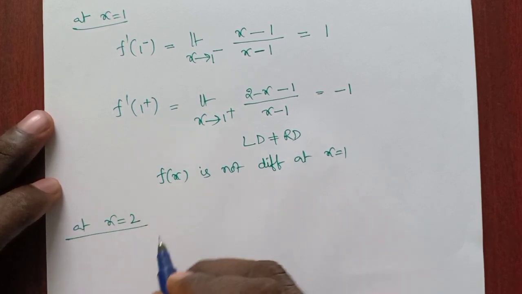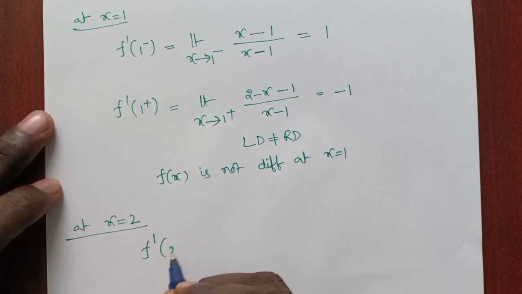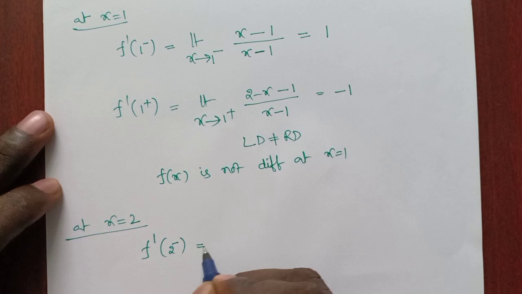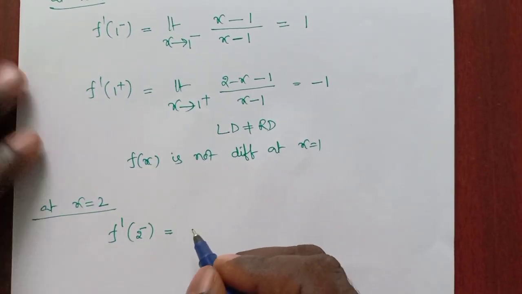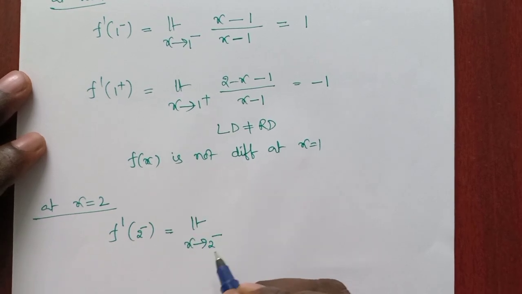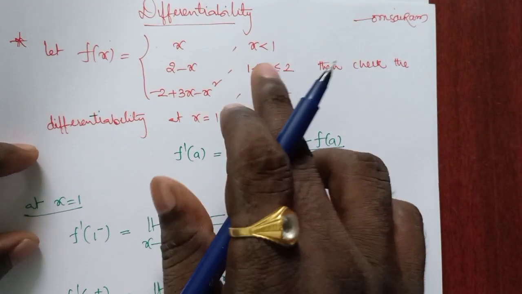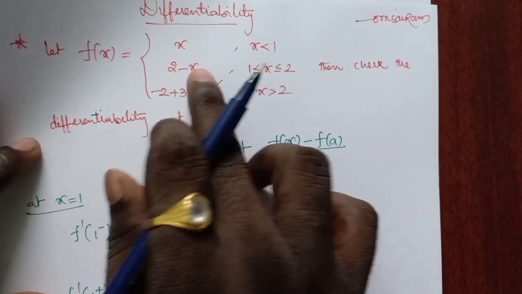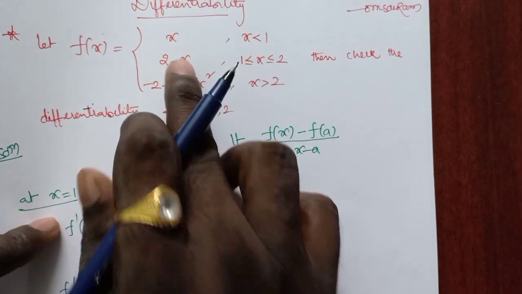At x equal to 2, firstly left derivative, f dash of 2 minus. Now see what is f dash of 2 minus. So limit x tends to 2 minus, which means x is less than 2. Clearly here when x is less than 2, the function is 2 minus x, and at x equal to 2 also the function is 2 minus x.